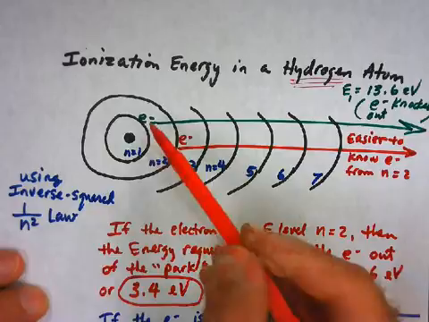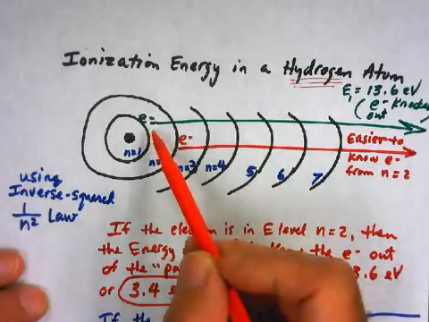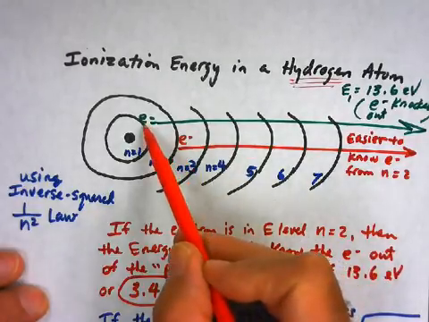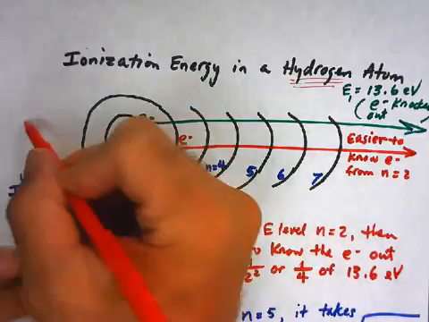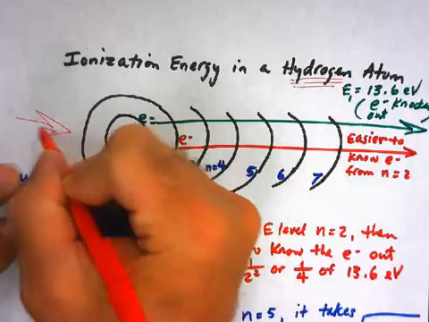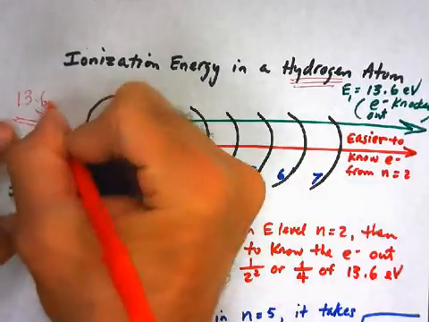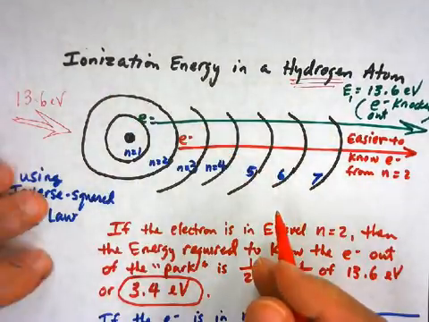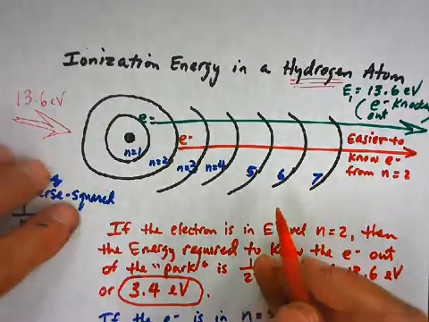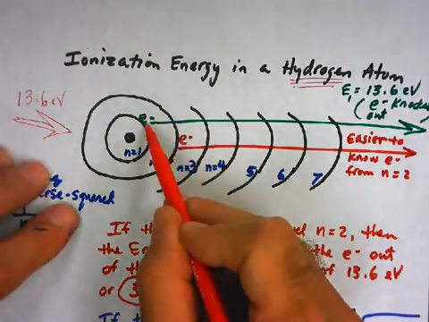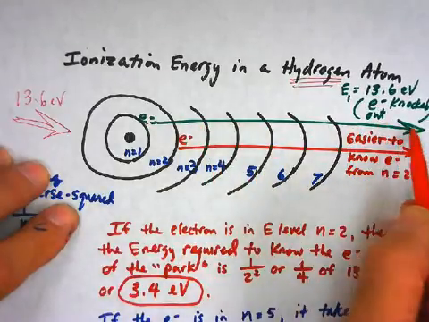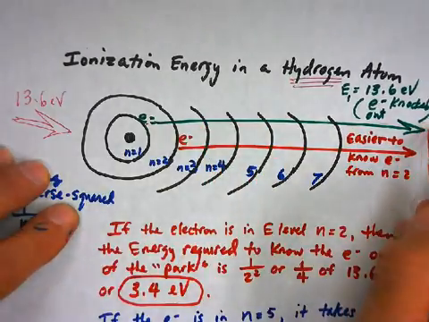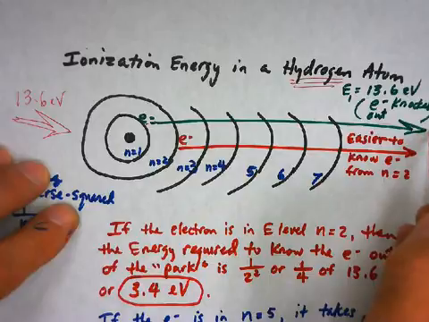So if we look at our little diagram here, let's say hydrogen's electron is in its lowest, or ground, state here. But let's say that this atom absorbs 13.6 electron volts worth of energy. Boom. That's going to cause that electron in its ground state to move farther and farther and farther, and it's not coming back. It got knocked out of the atom.